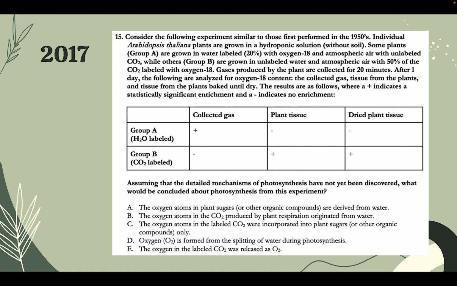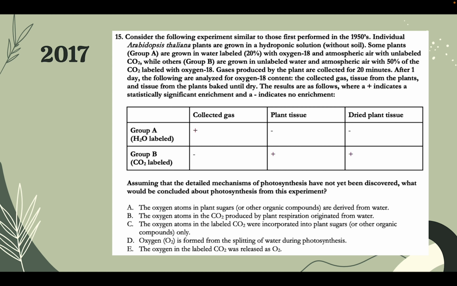And then E, the oxygen in the labeled CO2 was released as O2. That's not true. The released O2, all of it comes from splitting water. The CO2's oxygen goes elsewhere, like into organic compounds. So yeah, D.